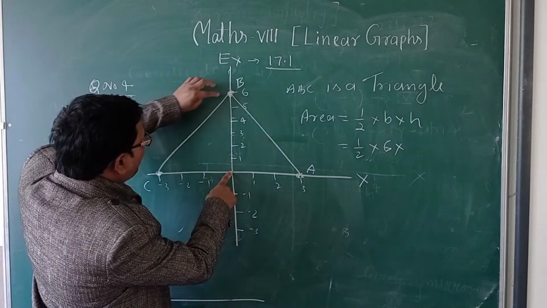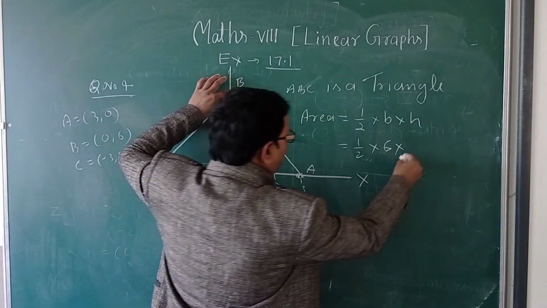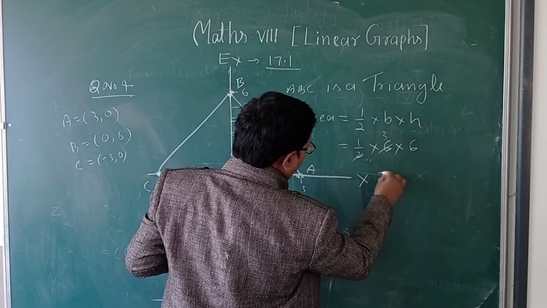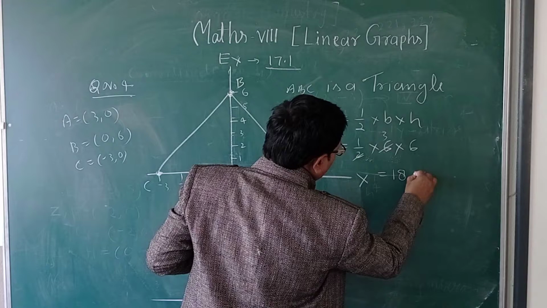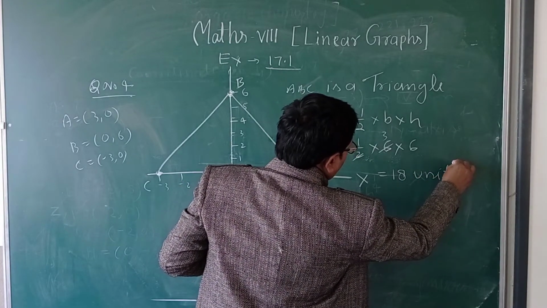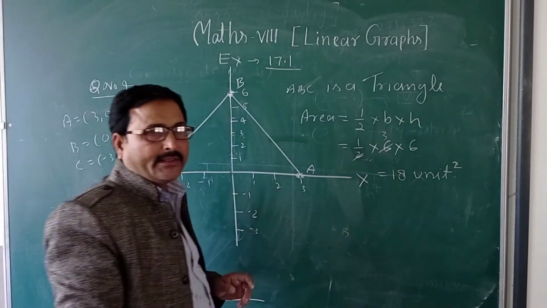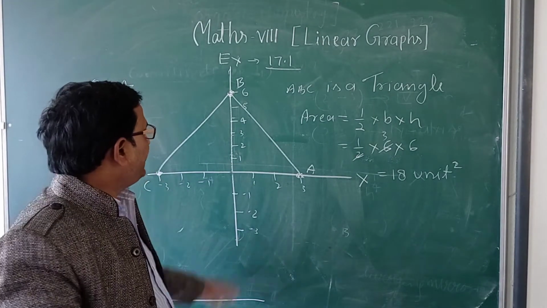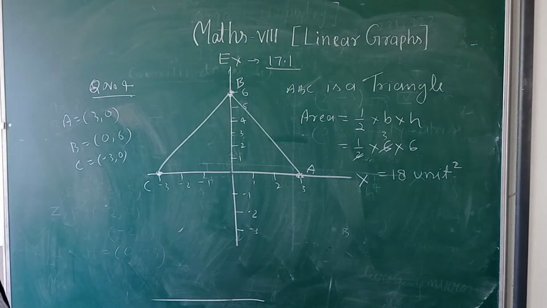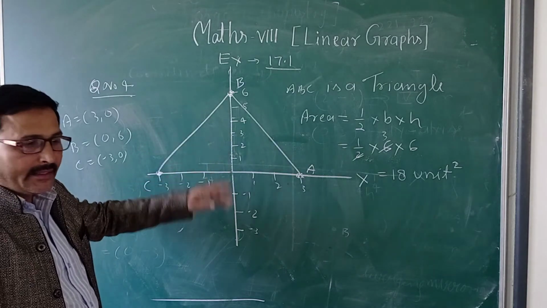Height is already given as 6 centimeter. So 1/2 times 6 times 6 is 18 square units. That will be the area of this figure. Write this on your paper and draw the figure on the graph copy.